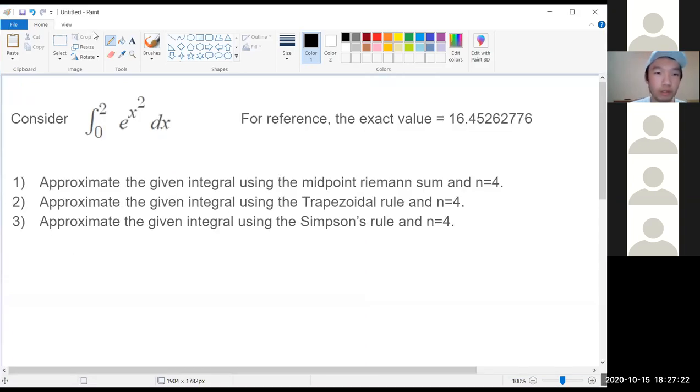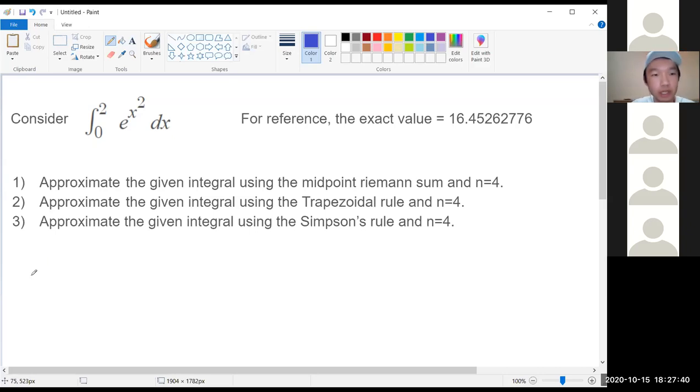Okay, so let's do this one. Number one says to use the midpoint Riemann sum. That one's not really new, but we can do it. Let's draw a picture.